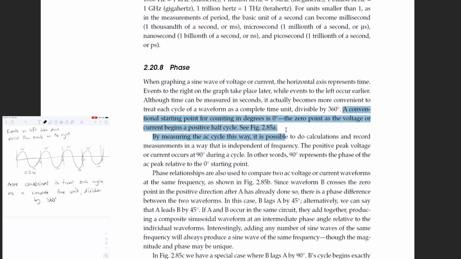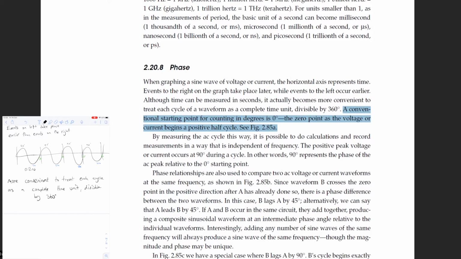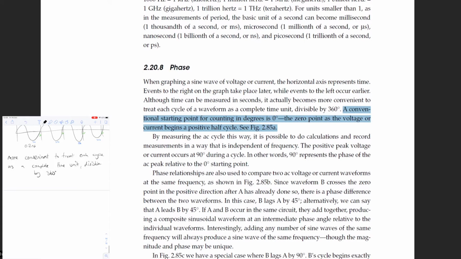A conventional starting point for counting in degrees is 0, the 0 point as the voltage or current begins a positive half cycle. Yeah, that's true. So what we're saying is that 0 degrees is also the starting point of each positive half cycle.